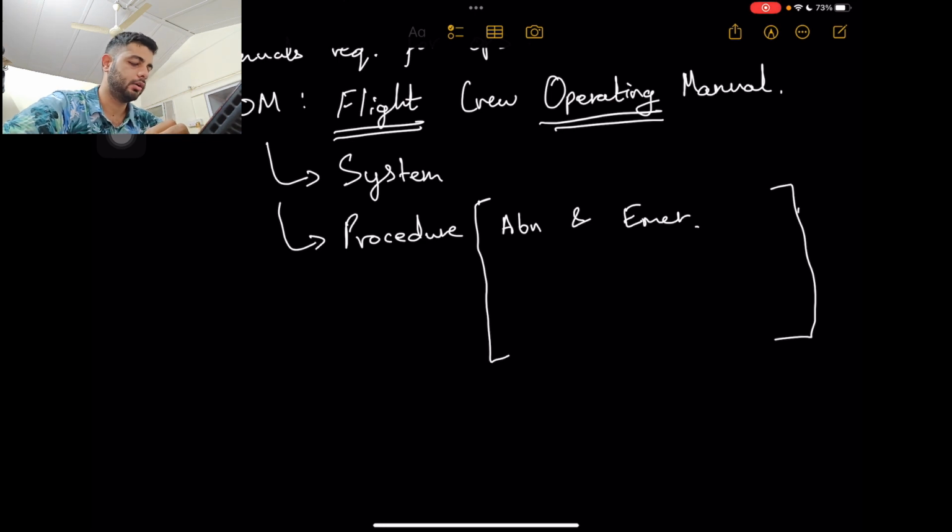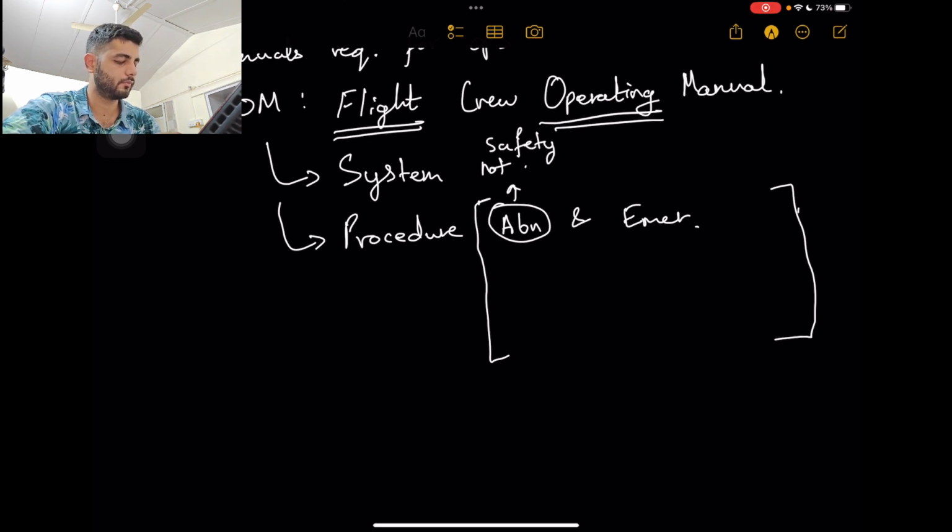What is in abnormal and emergency? How do you distinguish between abnormal and emergency? Abnormal is something where the safety of the aircraft has not been impaired. So safety is not yet impaired. Whereas emergency is where safety has been impaired.